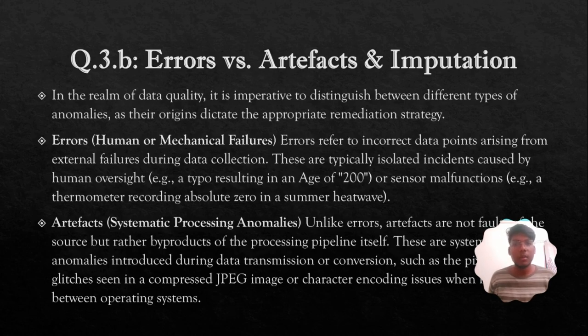A sensor malfunction can also mislead your readings. For example, a thermometer records 0 degrees during a summer heat wave. That's completely skewed, right? So humans are not the only ones responsible for errors. Mechanical machines are also a part of producing errors.